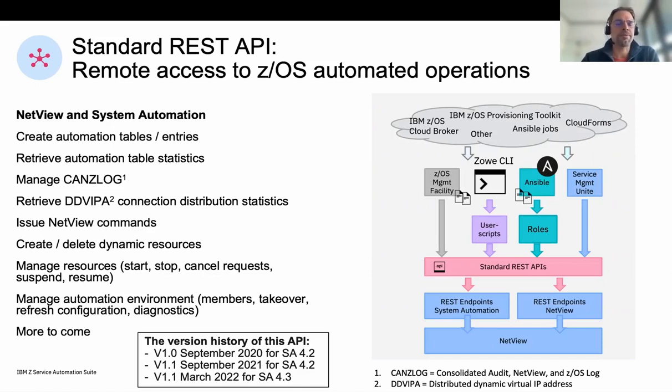These are some examples for the NetView side, also issuing any NetView command. On the system automation side, we have REST APIs for creating and deleting dynamic resources, and for managing automated applications, like starting and stopping SA resources and SA groups, canceling requests, issuing requests, suspending automation, and all that through the REST API.